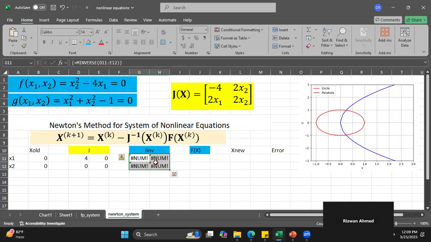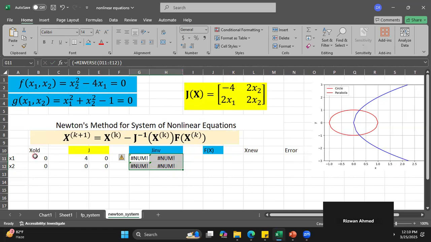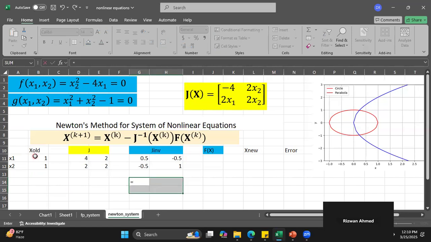We got nothing. Let me check if I provide 1, 1. Okay, so matrix inverses have problems with the data. And just to confirm whether it was a correct calculation, I reserve 4 cells and then apply the matrix multiplication, with the first array from J and J inverse.